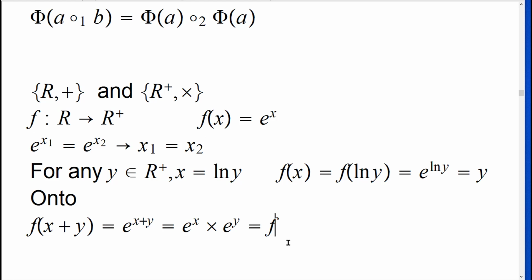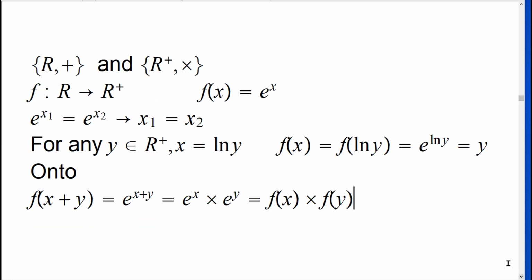So this becomes f of x times f of y, right? Okay, so in this manner, the group of real numbers and the group of positive real numbers are isomorphic to each other, okay?